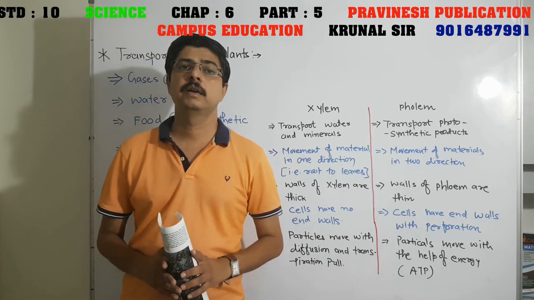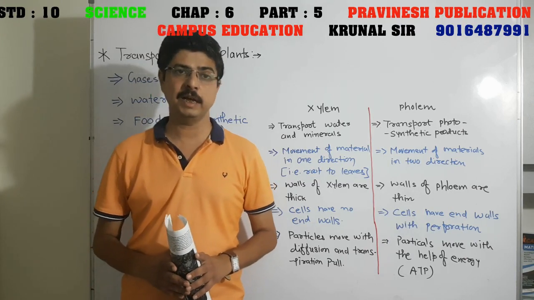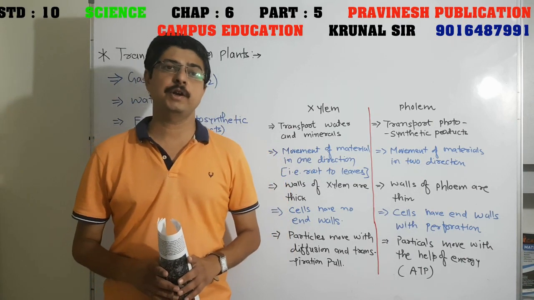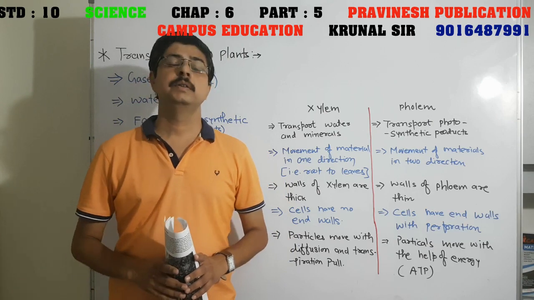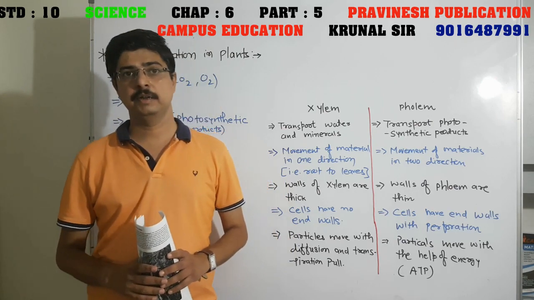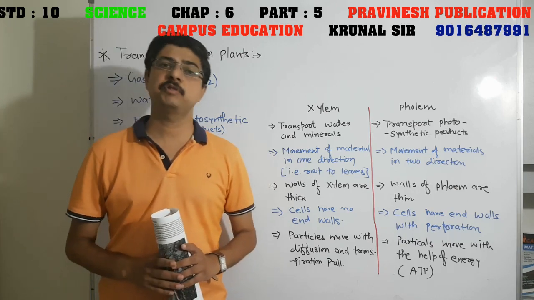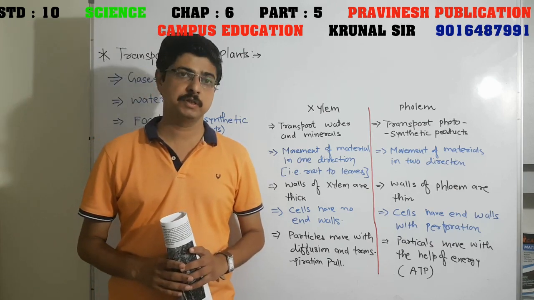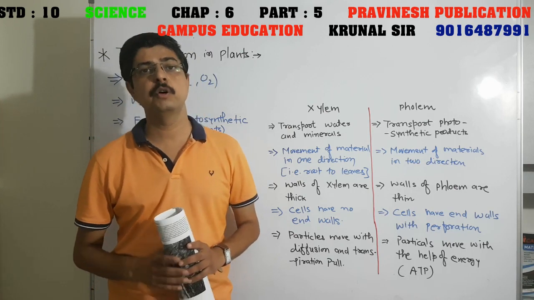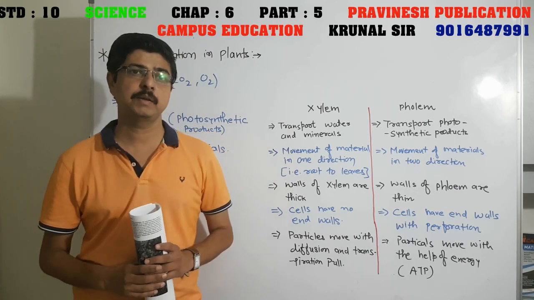Now we start first of all with the xylem. Friends, xylem is a part of the vascular bundle. Xylem carries water and minerals in plants. Friends, plants absorb water from their roots. This water will transfer toward the aerial parts of the plant.